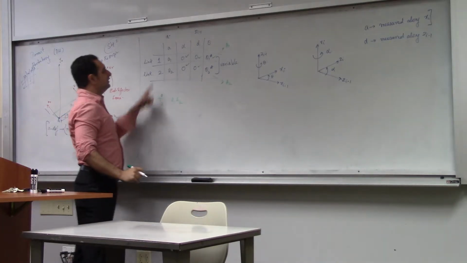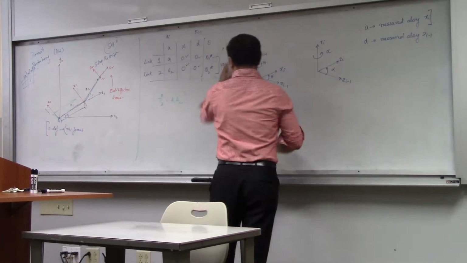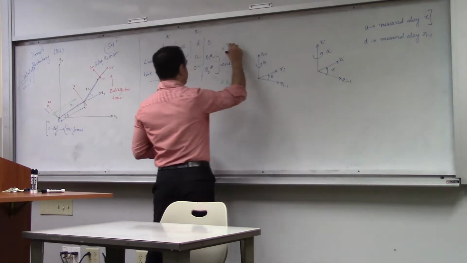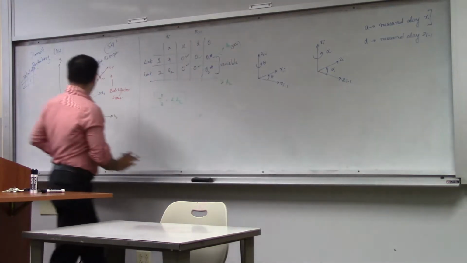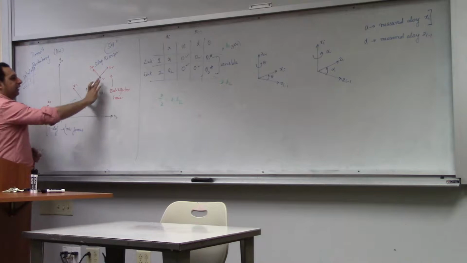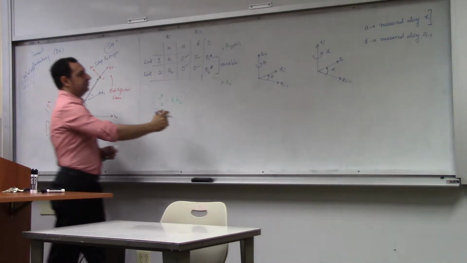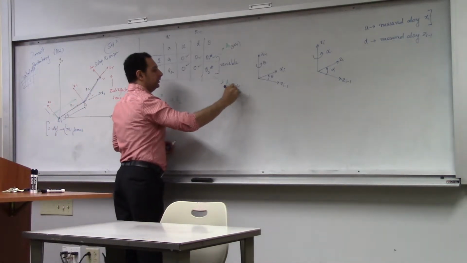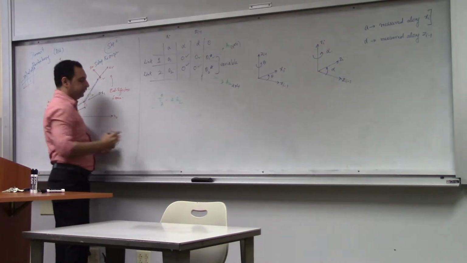From this, we'll construct a homogeneous transform, a 4 by 4 A1, which will represent the transform due to this link, and another transform due to this link represented by A2, and the composite transform will be A1 times A2.